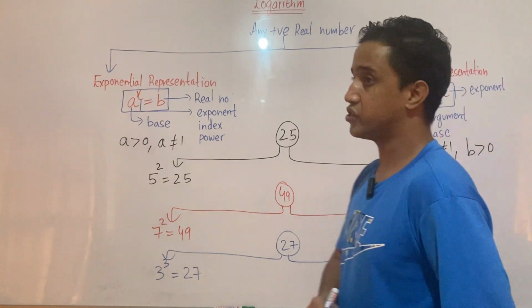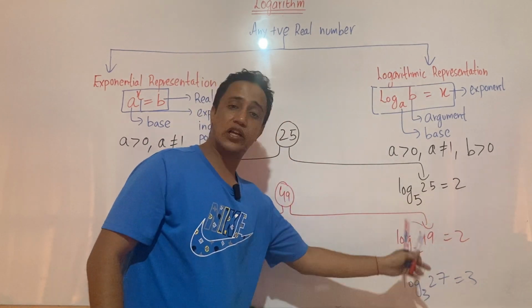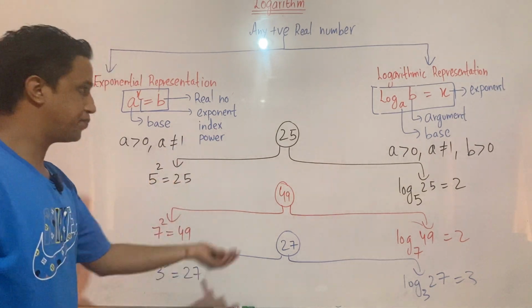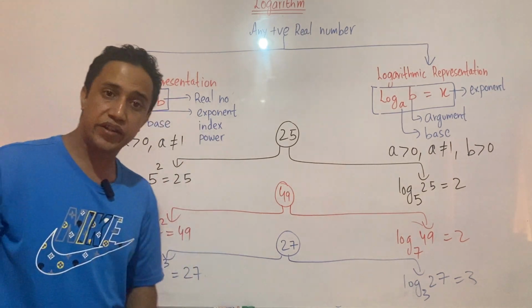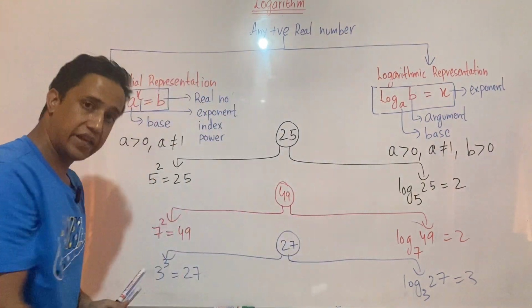Of course, you have to raise 3 to 3 to get 27. So logarithm is the inverse of this.